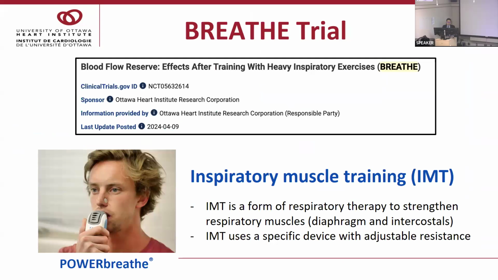Finally, I would like to briefly introduce our ongoing research project on inspiratory muscle training. The BREATHE trial is a randomized controlled trial that is designed to evaluate the effects of inspiratory muscle training on coronary blood flow. Inspiratory muscle training is a new form of aerobic training, which aims to strengthen respiratory muscles such as the diaphragm and intercostal muscles.